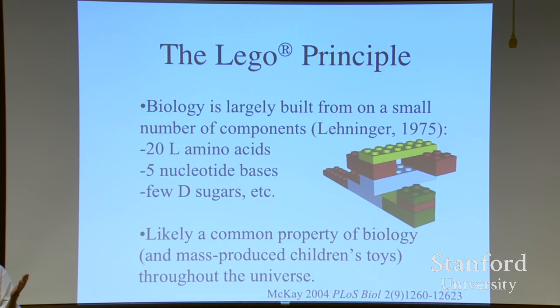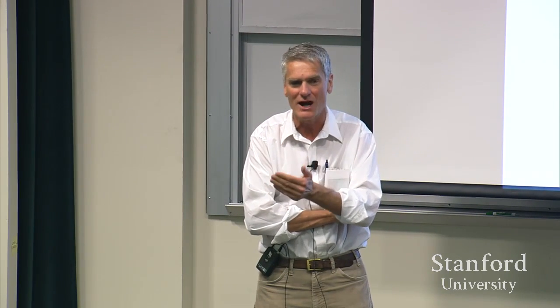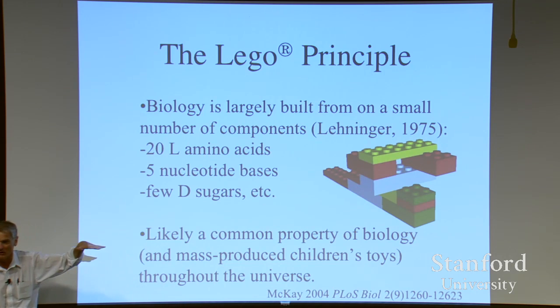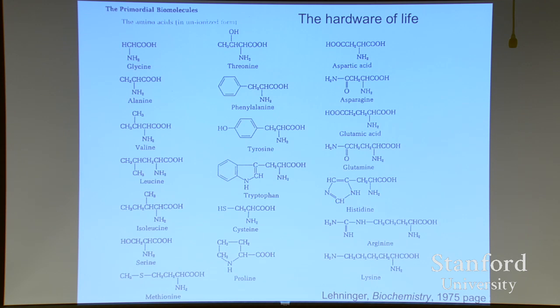It's a supply chain problem. You don't want to amplify your supply chain problem any more than is required to get the job done. And that's why this will be a common property of biology everywhere. Minimize the supply chain problem. And we're going to use this principle in the search for life. I'm going to get to this in steps.